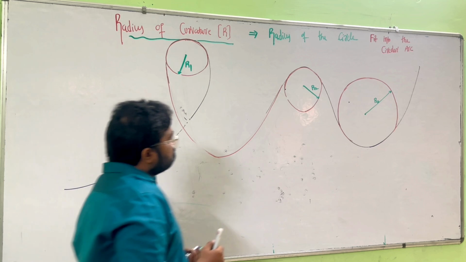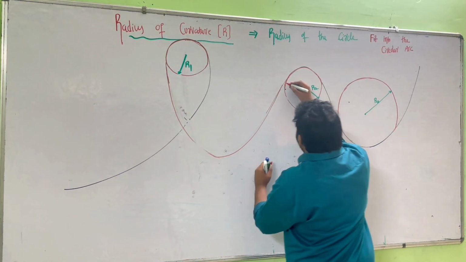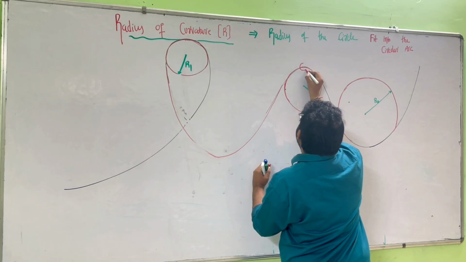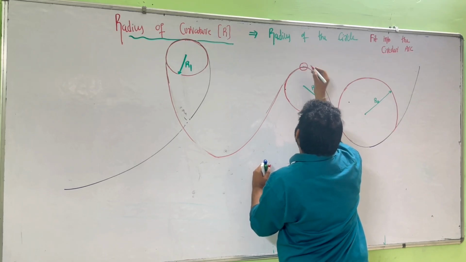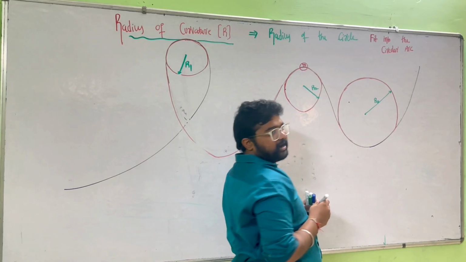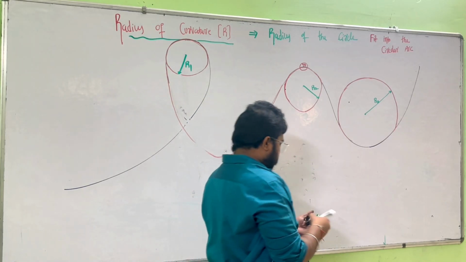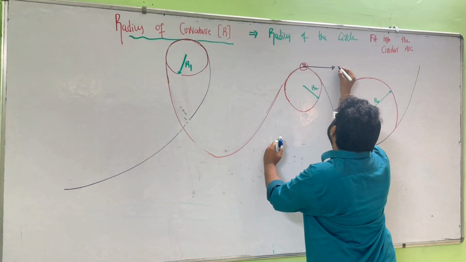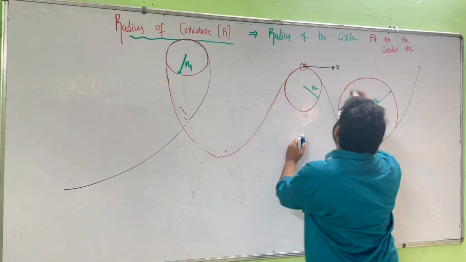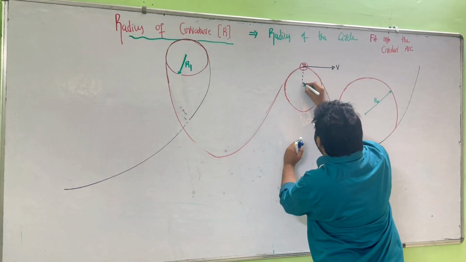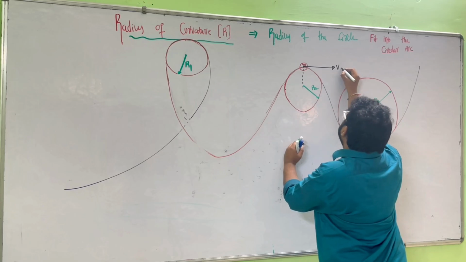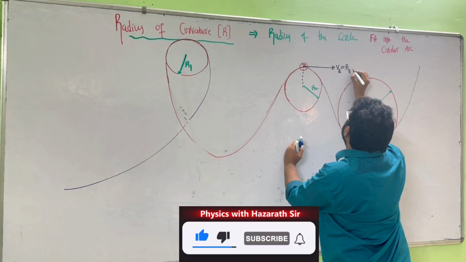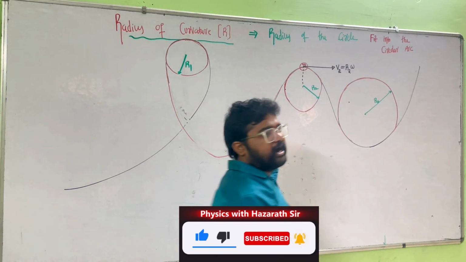Clear? So if the particle is here, with mass m, it is moving with a velocity v, following the circular path. Velocity v equals how much? With radius of curvature R2, v2 equals R2 omega.